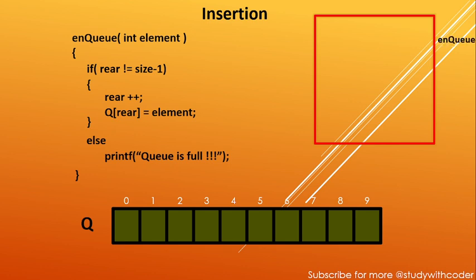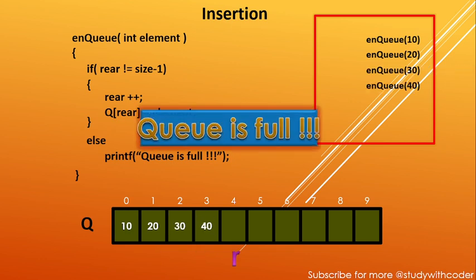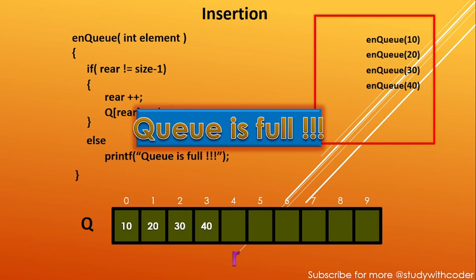Here, for the insertion of elements, when enqueue 10 is performed, rear is incremented by 1 and then 10 is inserted at the rear position. Similarly for 20, 30, 40, and then the Q is full for the rear value.